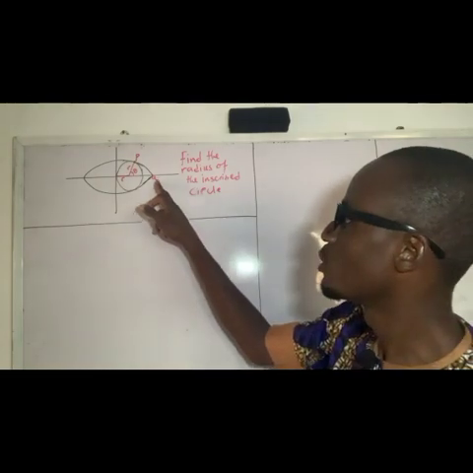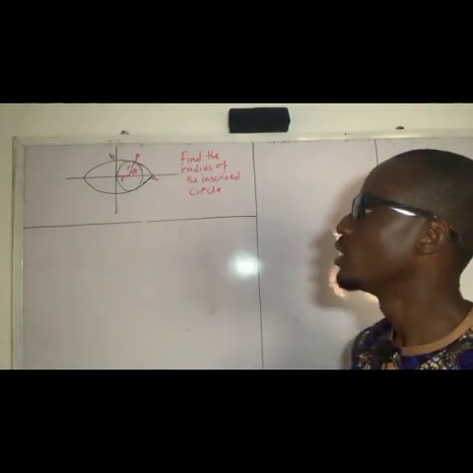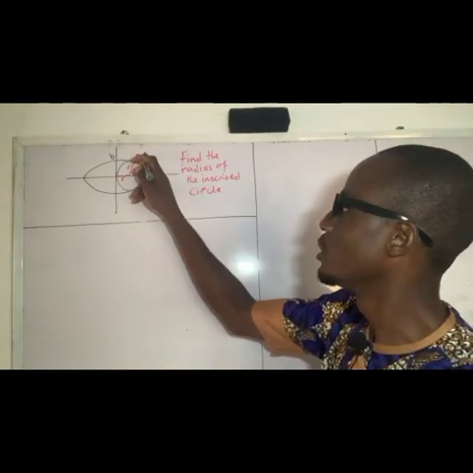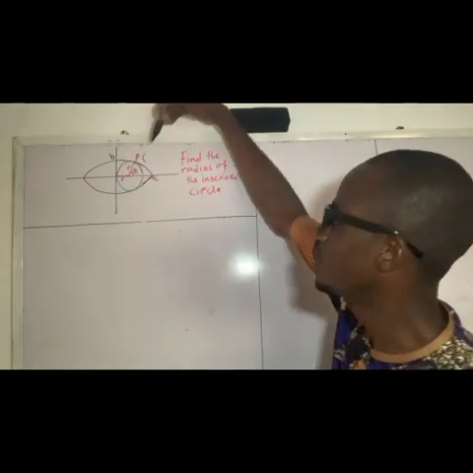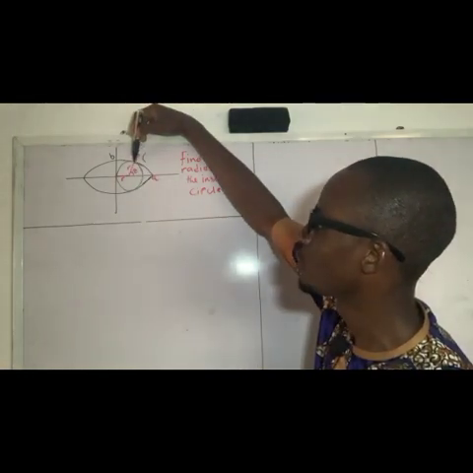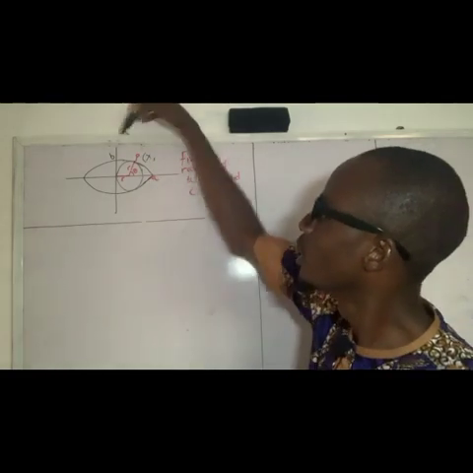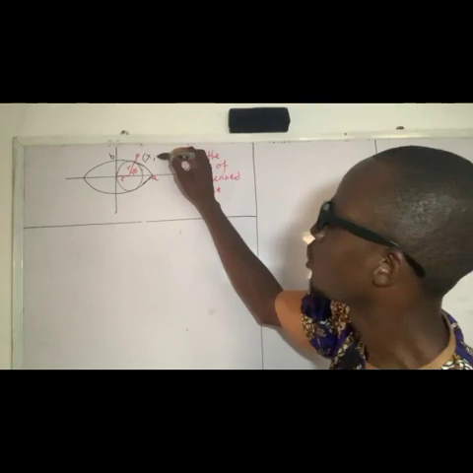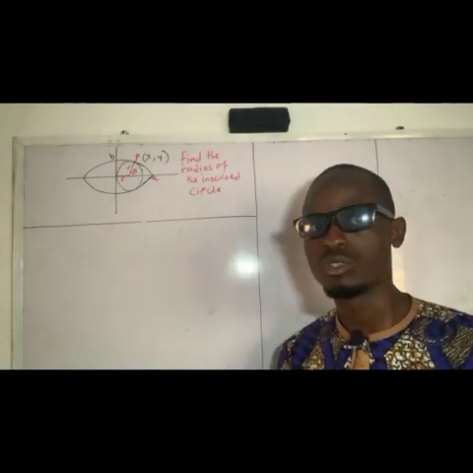Now this point is always called A, while this is called B. Good. The general equation of ellipse shows that you should give P a position on the Cartesian plane. So the position of P corresponds to a particular value on X, so let's put that X, then corresponds to a particular value on Y, so let's call that Y.